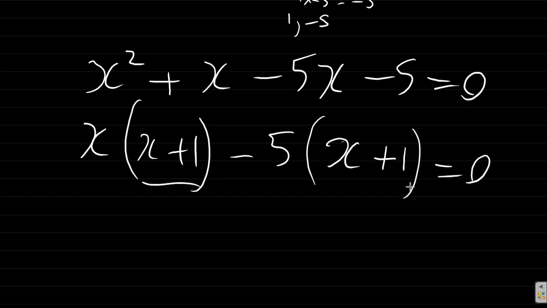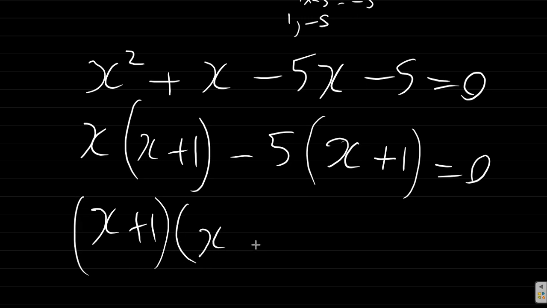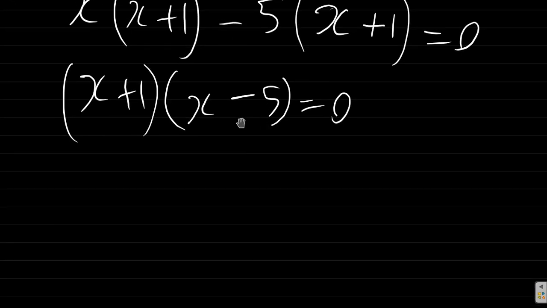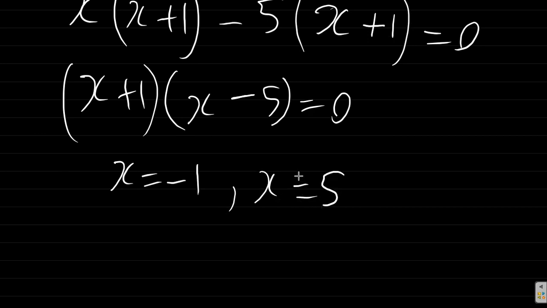And you have the same thing in both brackets, so we're right on track. So factor out the x plus 1. x plus 1 is a common factor, put in a bracket, x minus 5 equals 0. So what we have is x equals negative 1 and x equals 5. So we found the x coordinates where the stationary points are located.